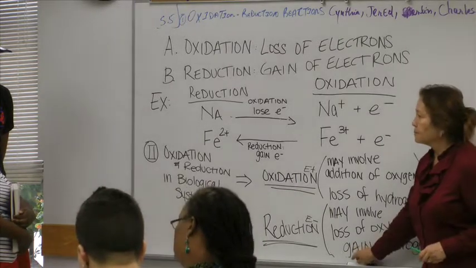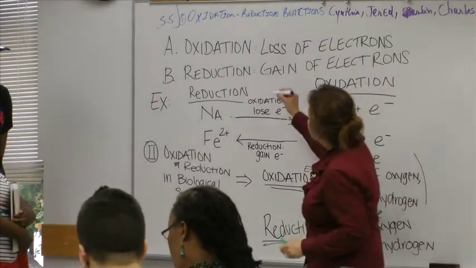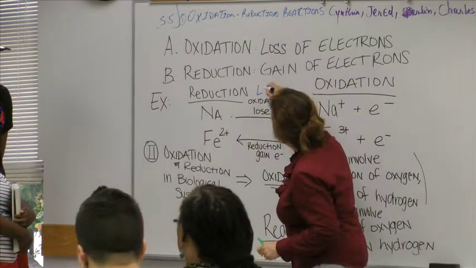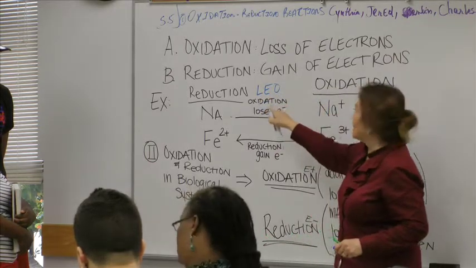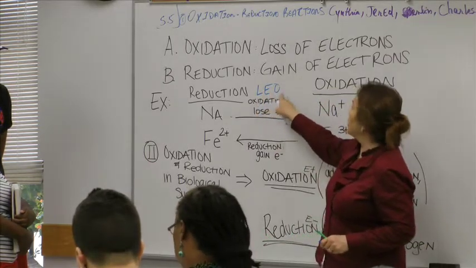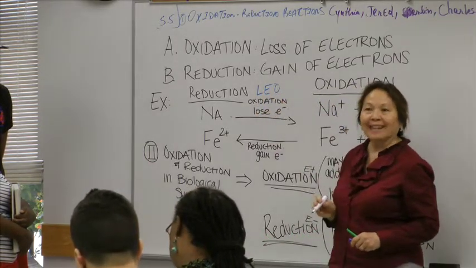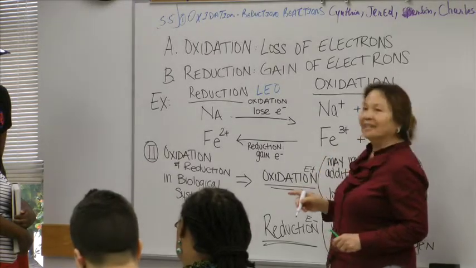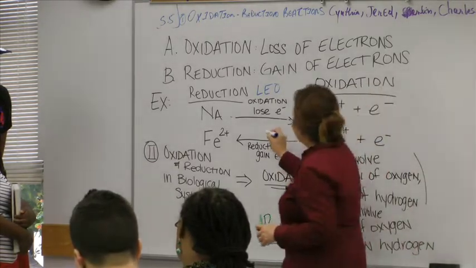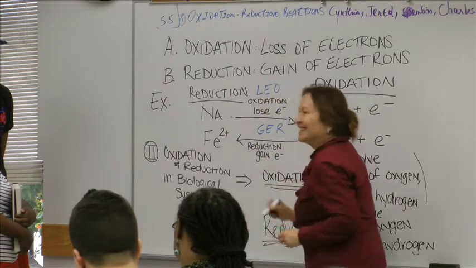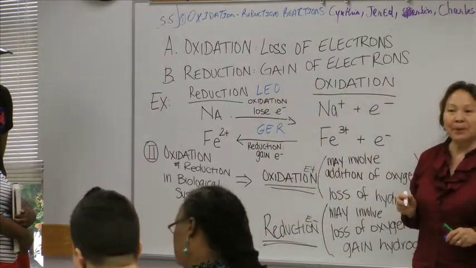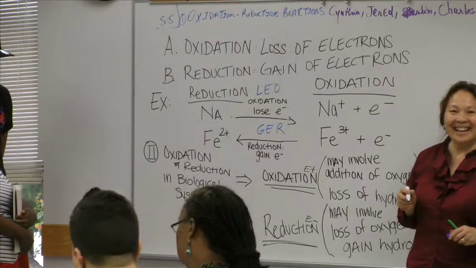So we can say metals are always oxidized and nonmetals are reduced. So you can say loss of electrons is oxidation, LEO, right? And then what does the lion say? GER, right? Gain of electrons is reduction. So that's how you remember it.